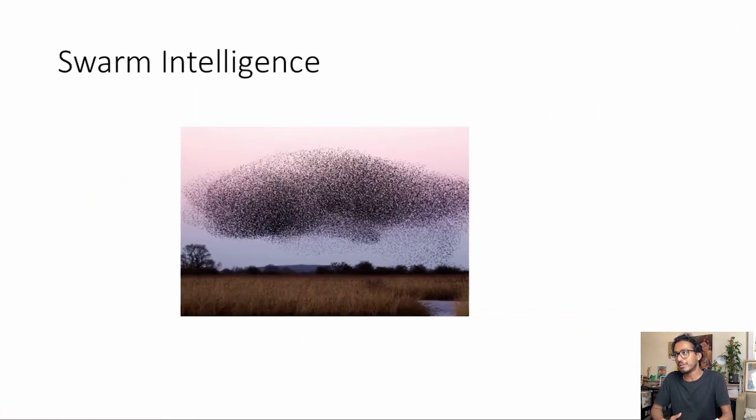And then we'll be looking at swarm intelligence, where maybe you have seen swarms of bees, or murmuration of birds, where there's no specific leader, but all these individual birds or individual bees are communicating with those around them, and as a result, the whole bee colony or the whole group of birds comes up with a pattern or a behavior that is useful to all of them as a whole.